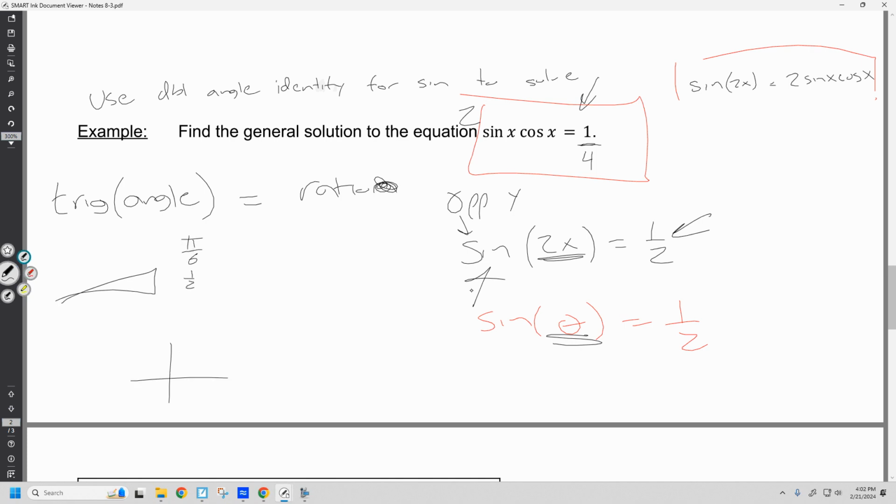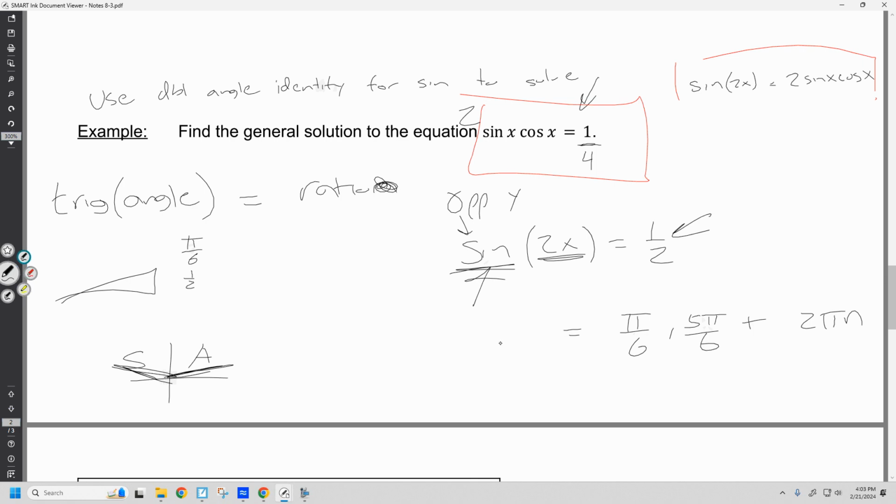Where is sine positive 1/2? In the first and second quadrants. We want the pi over 6 here and the pi over 6 there. I'm disappointed so few of you got at least that. That's your angle: pi over 6 and 5 pi over 6, and all coterminal angles to those.